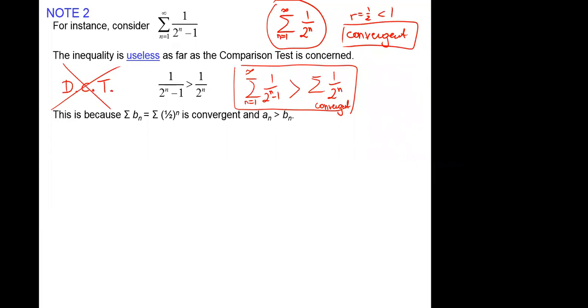But what mathematicians did, they still thought this is a really good formula to compare. That means they developed a different way to use that formula, and I can show you. We will call it the limit comparison test.